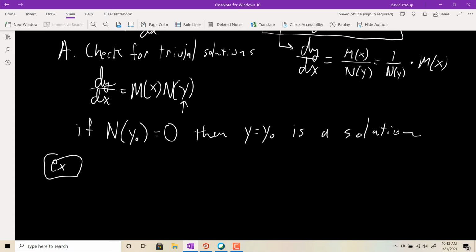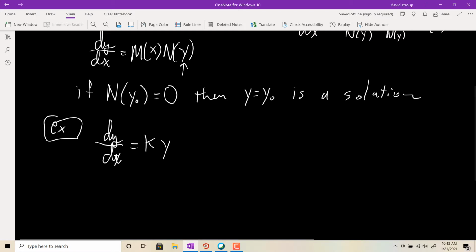So, for example, the differential equation for exponential growth is clearly one of these types. There is no function of x on the right-hand side. That's okay, though. That just means m of x is equal to 1, and n of y is equal to y.